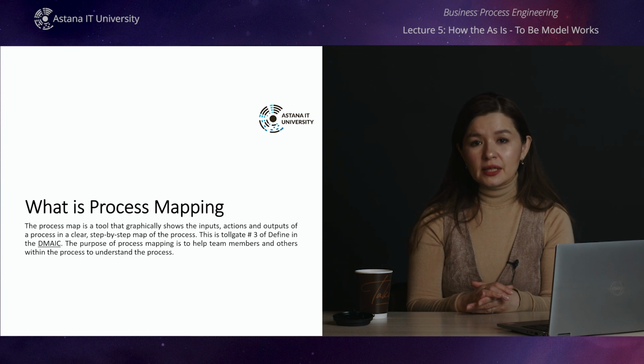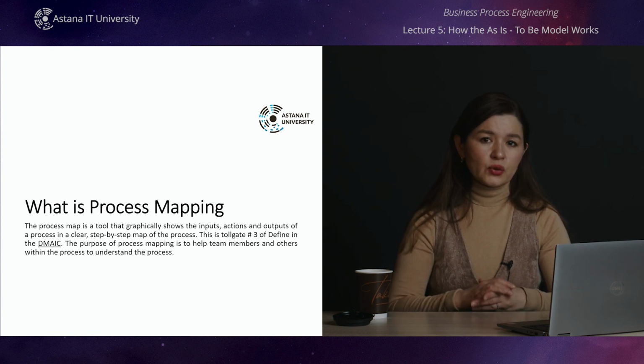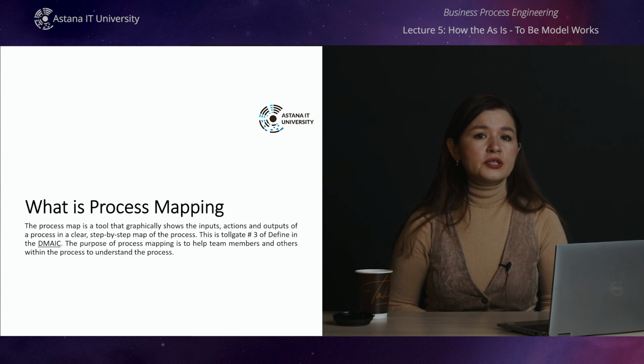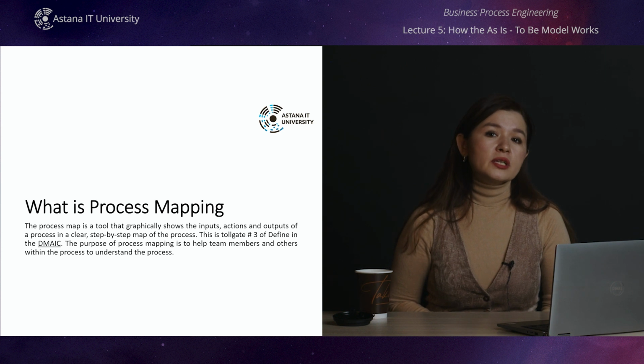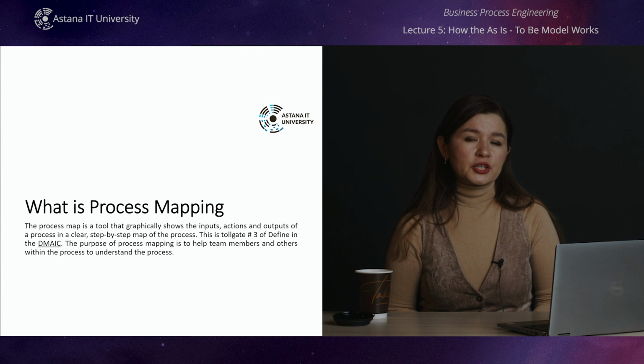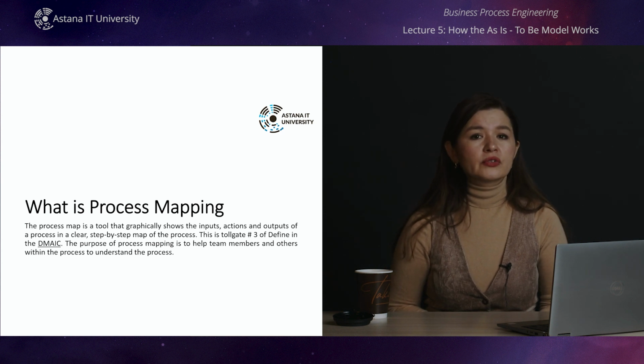It provides a clear and comprehensive overview of how a process unfolds, allowing stakeholders to visualize and understand its structure in the context of the define phase in the define, measure, analyze, improve, control framework.